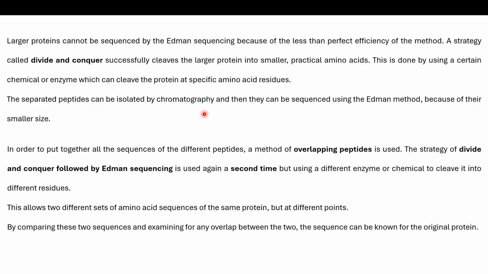You generate different fragments from the different proteases, and then you can use the overlapping peptide sequences to get to the original amino acid sequence. By comparing the two sets of sequences and examining the overlap, the sequence of the original protein can be known.